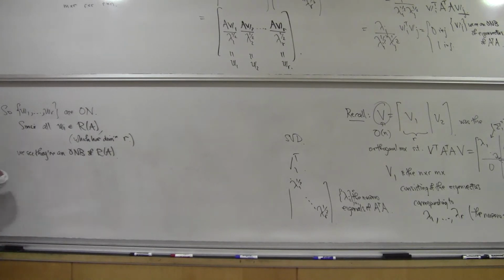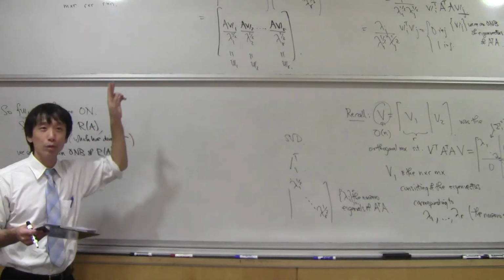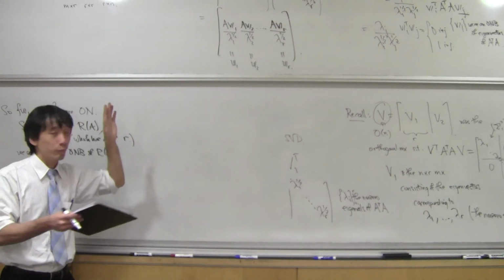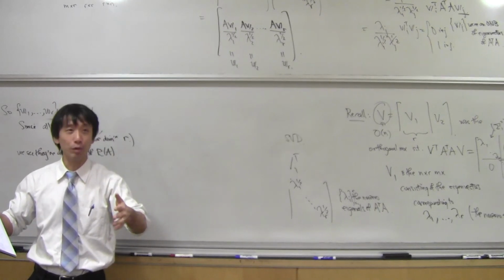Okay. Let's get back to the story, right? We've just seen that the columns of U1 are an orthonormal basis. Okay, right? And remember what we're trying to get? We're trying to get a full-blown orthogonal matrix, right?